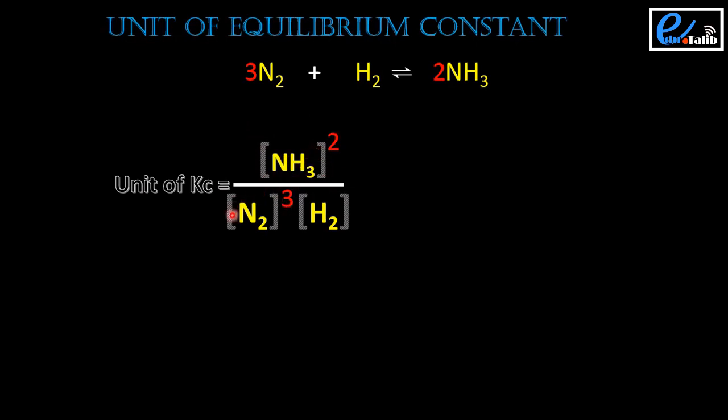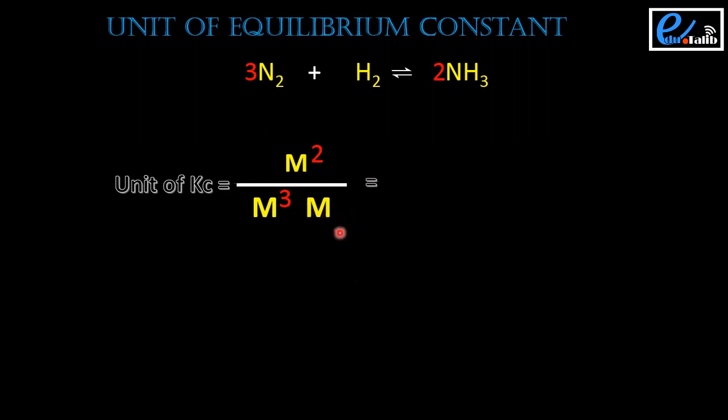And the same is over here. The concentration of N2 is M, so it should be M to the power of 3. And over here, the concentration of H2 is only M. So we now write it like this: M square in the numerator, M cube multiplied by M in the denominator.